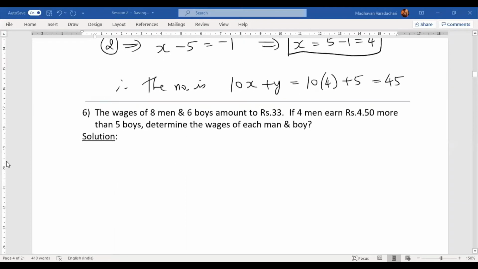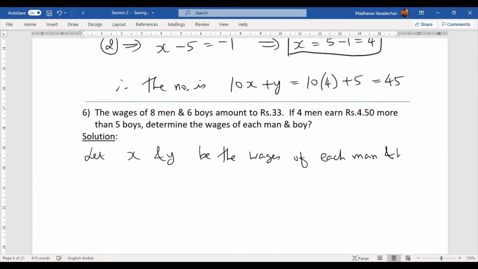The next question. The wages of 8 men and 6 boys amount to rupees 33. So I can first assume the question is to determine the wages of each man and boy. So let x and y be the wages of each man and boy respectively.